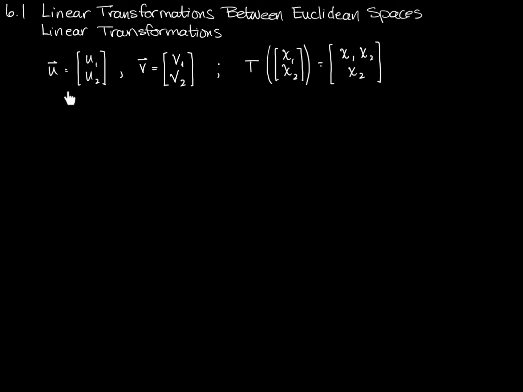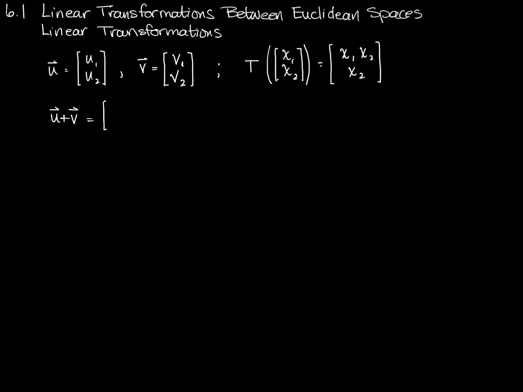Okay, here are my same two vectors, u and v, and I'm going to check this new transformation to see whether it is a linear transformation by checking to see whether it preserves additivity and homogeneity. So the first thing I'm going to do is define what u plus v means.